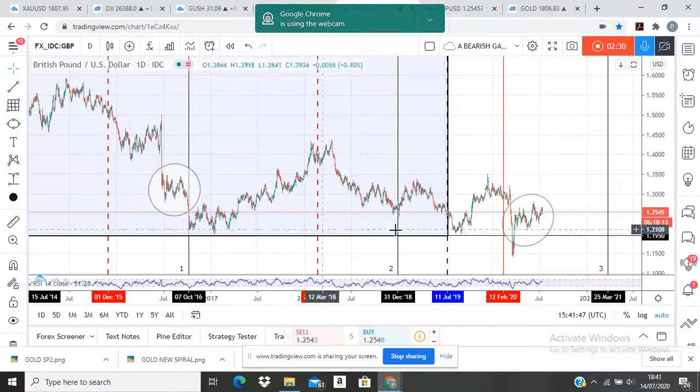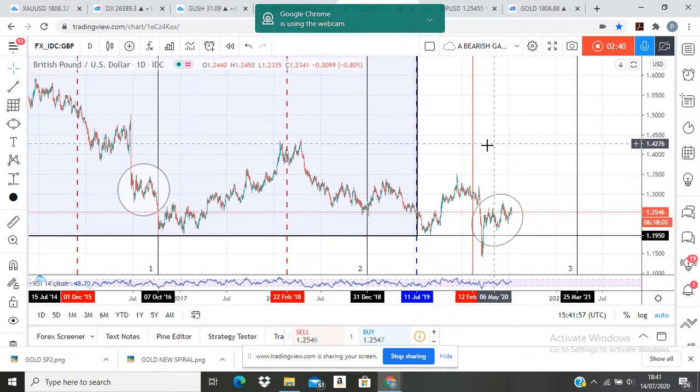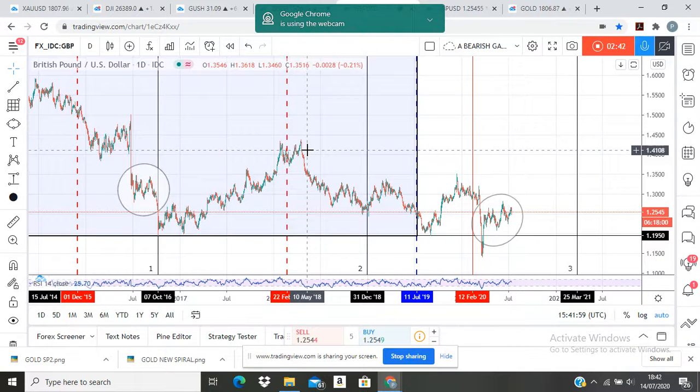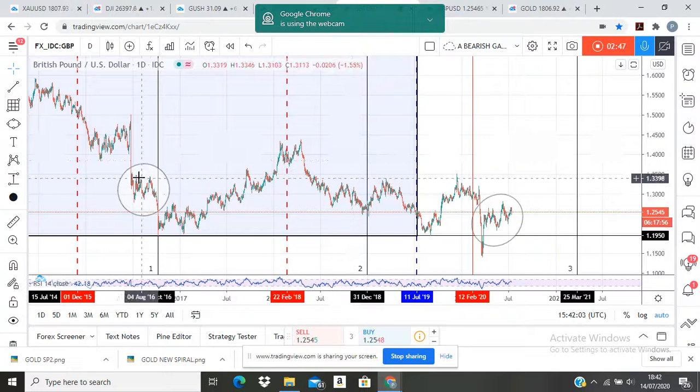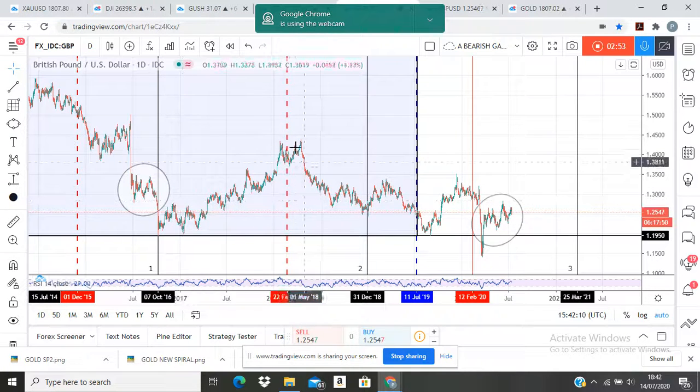So after the completion of this M formation we have here, if this wave will repeat, that is where the confusion, let me put it that way, comes in. If this wave here is alternated, then probably this might also be alternated.